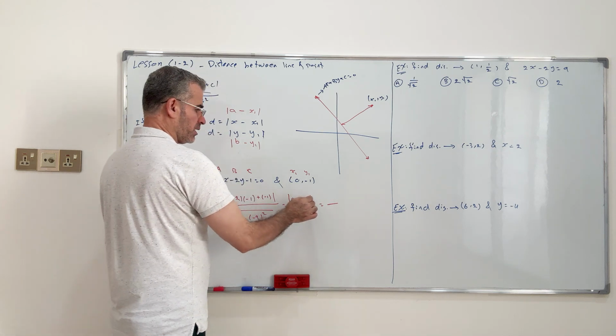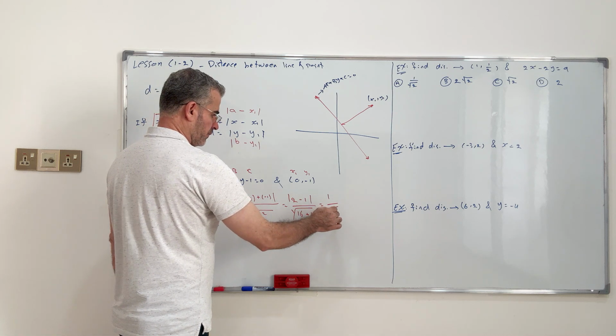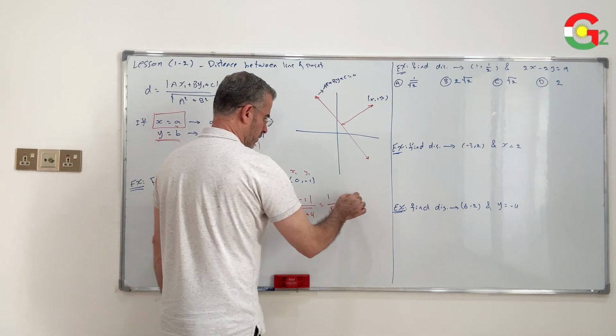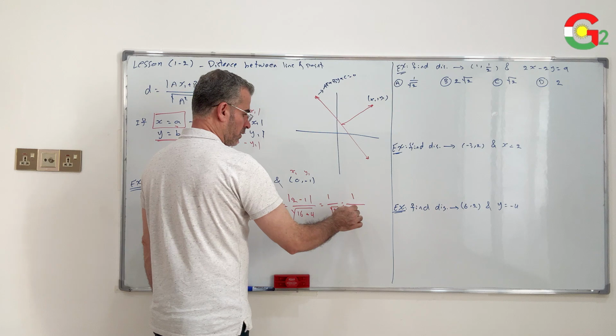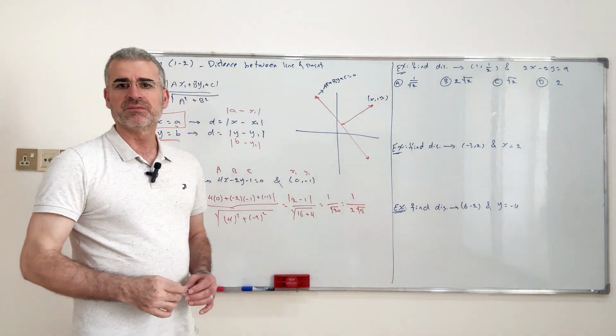Then 2 minus 1, 1, absolute value 1, over 16 plus 4, it is 20. I can rewrite this as 25 times 4, square root 4, 2 times square root 5.